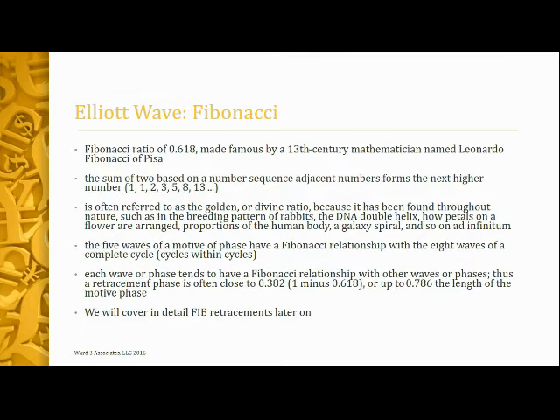Each wave or phase tends to have a Fibonacci relationship with other waves or phases. A retracement phase usually happens between the ratio of 382 and up to the 786 ratio of the length of the motor phase. And we'll go into detail on this later, guys.